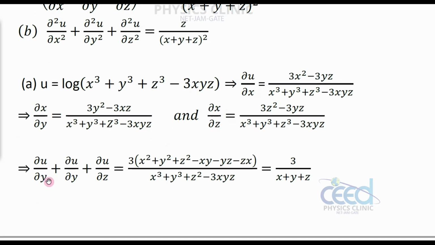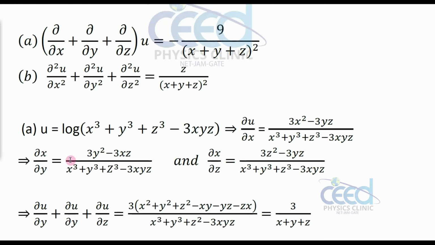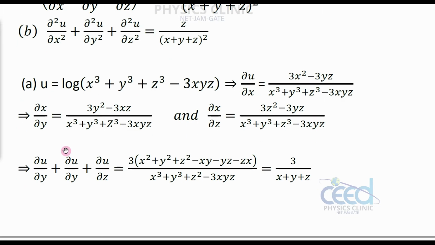If you add dou u by dou x, dou u by dou y and dou u by dou z, we can add all of these. So you can take 3 out, here x square, y square and z square, and we will have minus xy minus yz minus zx.